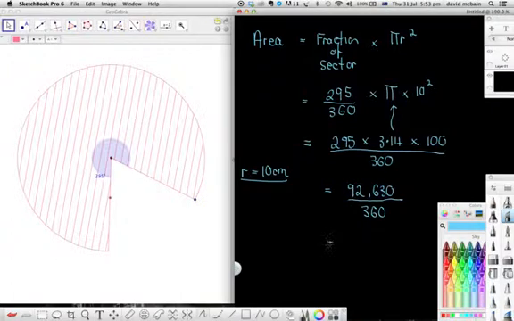And that equals 257.3 centimetres squared. Okay, we'll do one final example and then that will conclude our lesson. So if you need to pause this to copy this down, please do so.